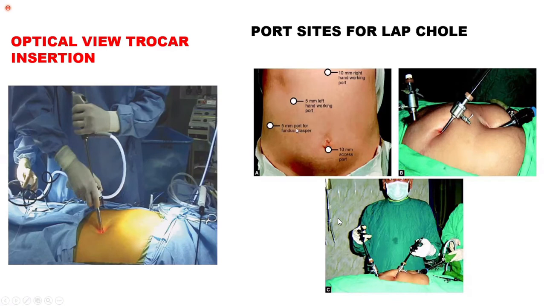This is called the fundus grasper port. Sometimes they may put another port if necessary here, the fourth port, but usually they stop with the third port. And one of the methods of producing good analgesia is to infiltrate these port incision sites with bupivacaine 0.25% right before the ports are introduced.